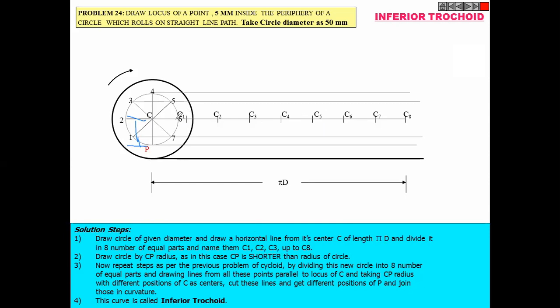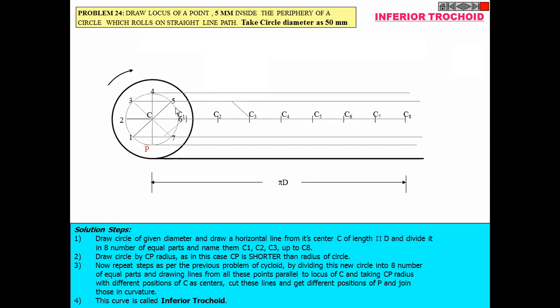C1 point, on which line will the arc fall? Anyone, tell me. Starting from C1, on which line will the arc fall? The 1-7 line. Yes, correct, so we will mark that, like this. Then C2, on which line will the arc fall? On the main center line, so it is not visible because right now it is there only.